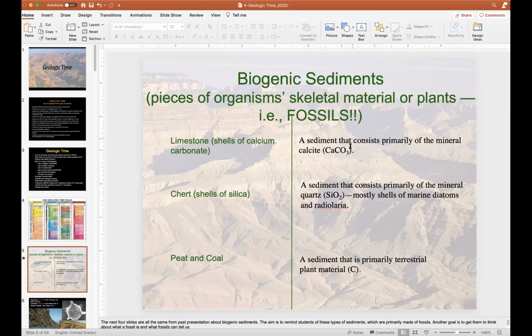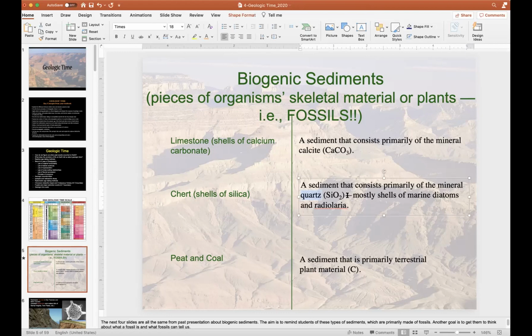So quartz is SiO2. I think I made this edit somewhere, because this is not correct. It is not the mineral quartz. It is primarily silica. To be a mineral, it requires a few things, for example, that it's completely crystalline.